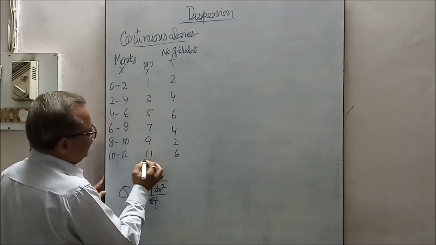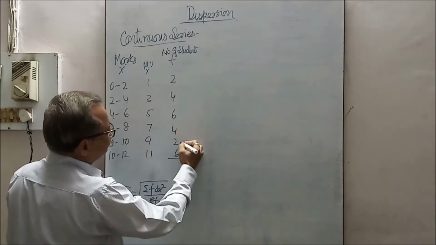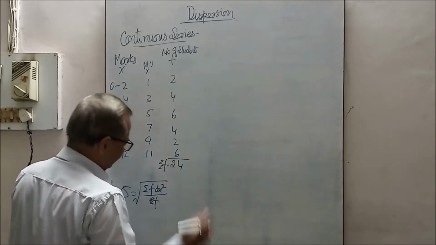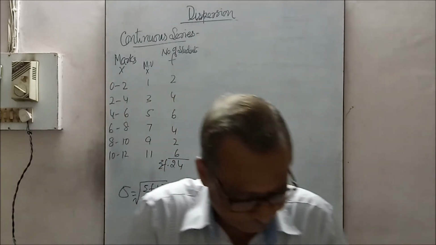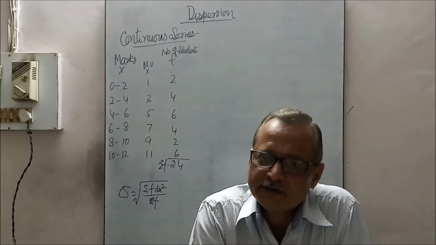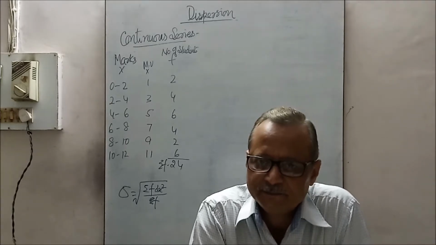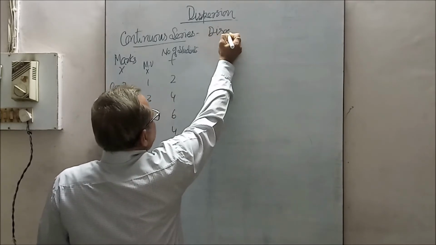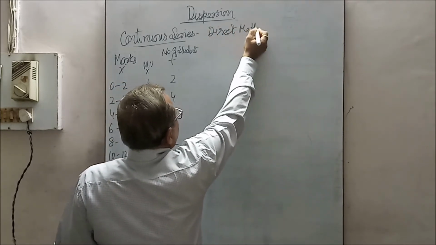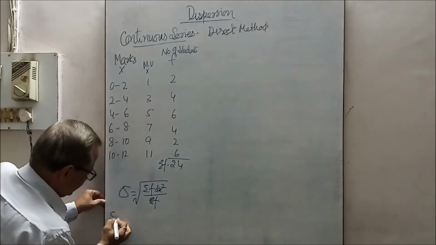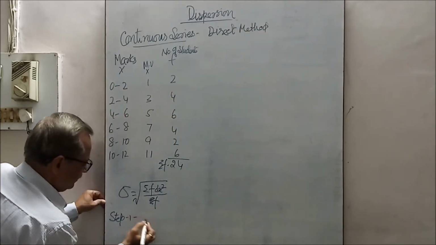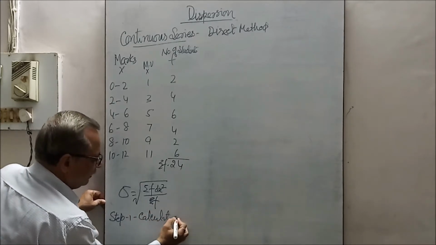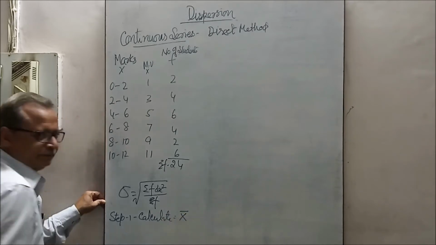This is the simple formula: square root of sigma f d square upon n, or summation f, the frequencies. In the direct method, the first step is to calculate the mean.